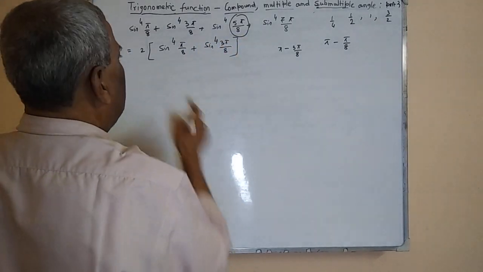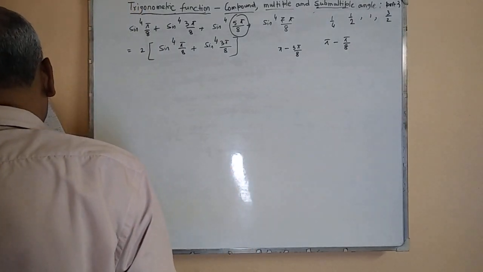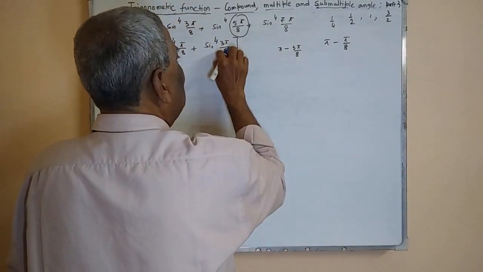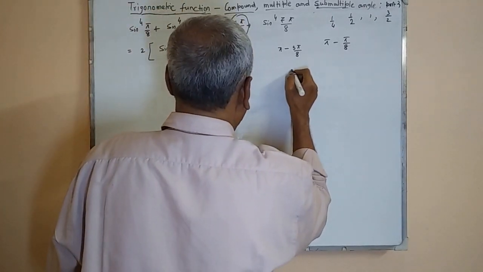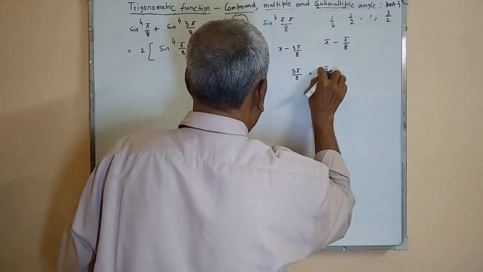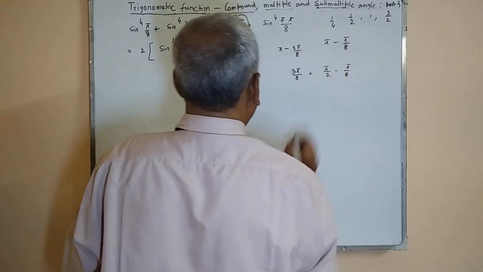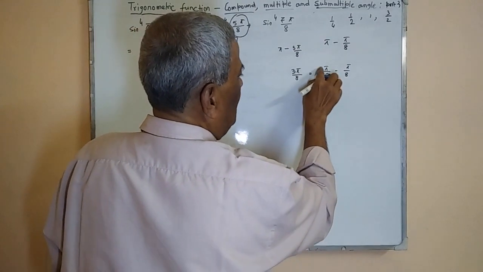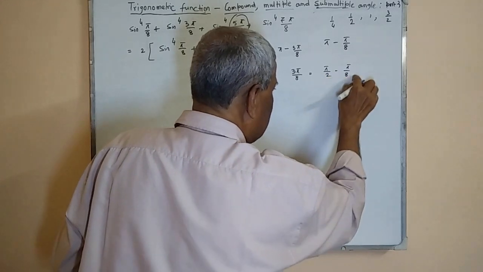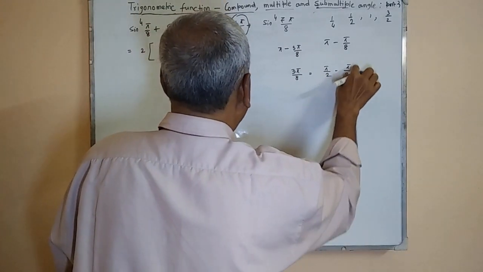And now this is 2 times. Now we have to find the value of that. 3 pi by 8 can be written as 4 pi by 8 minus pi by 8, which is pi by 2 minus pi by 8.